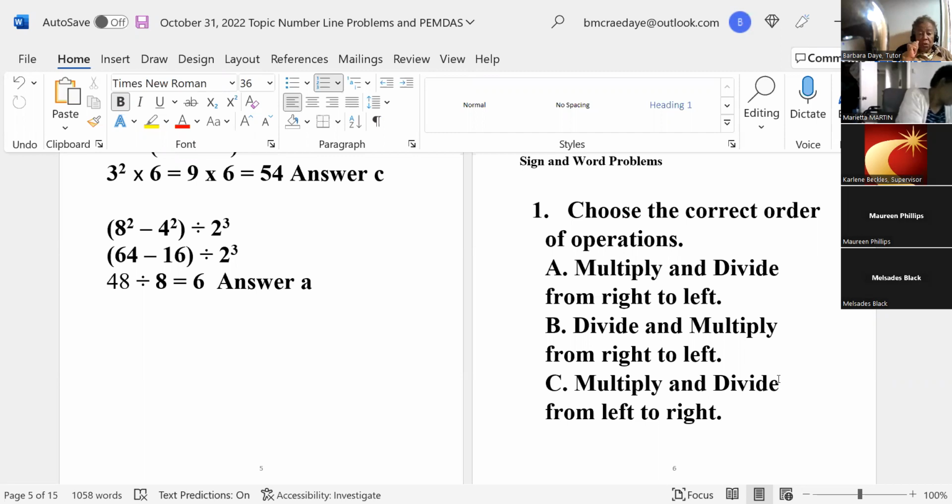In other words, you can't follow PEMDAS strictly in every operation. That's why I gave you that other problem. I thought by giving you that problem and this one, you'd understand why it could only be C of these choices: multiply and divide from left to right. I understand. Sometimes it'll follow PEMDAS, sometimes it may not.